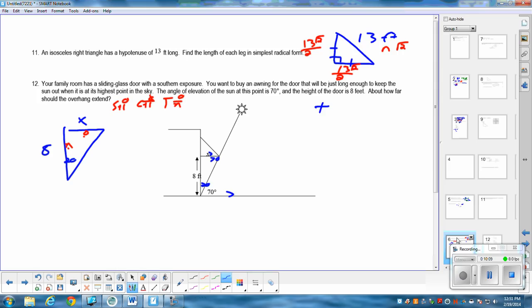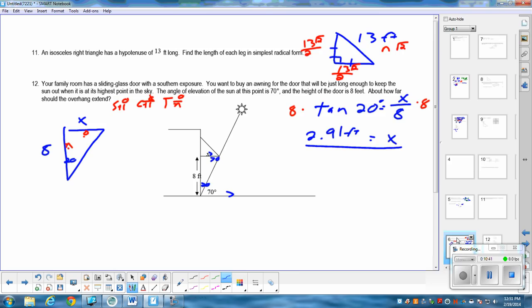So tangent of 20 degrees equals x over 8. To solve this, we multiply both sides by the 8 and type that into the calculator, which tells me that x is 2.91 units long. The units we were talking about are feet.